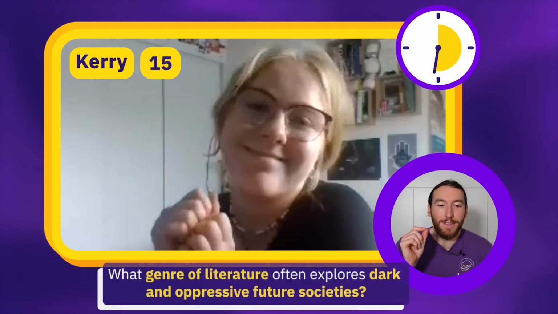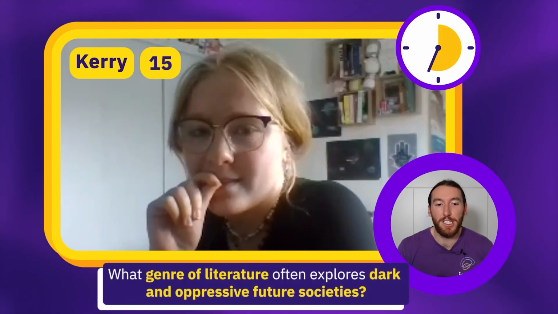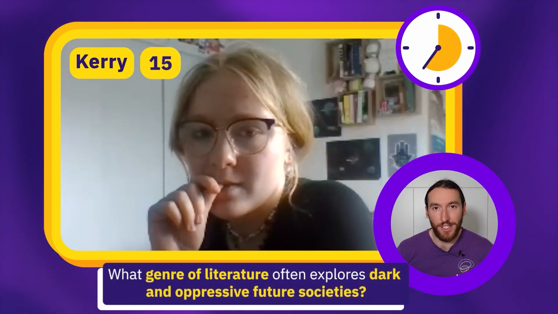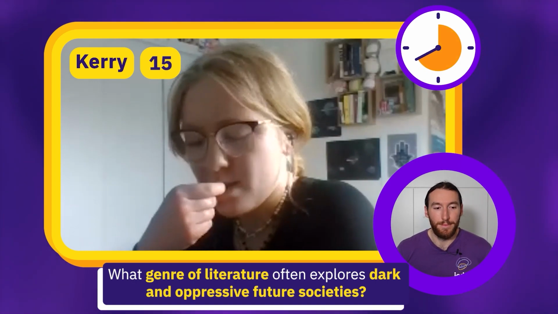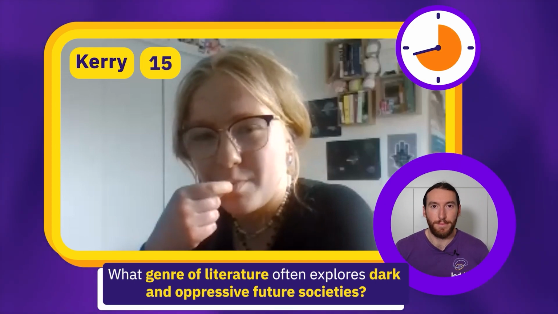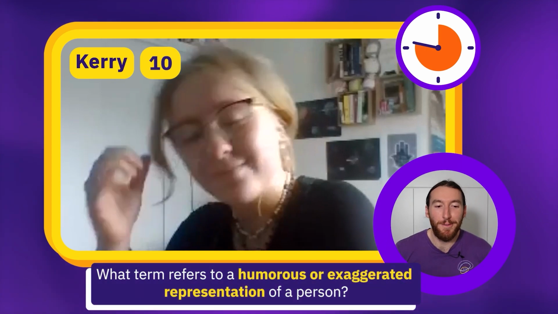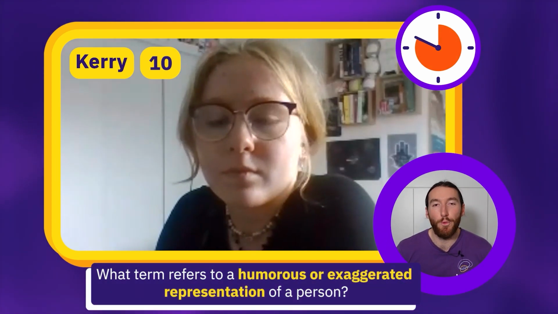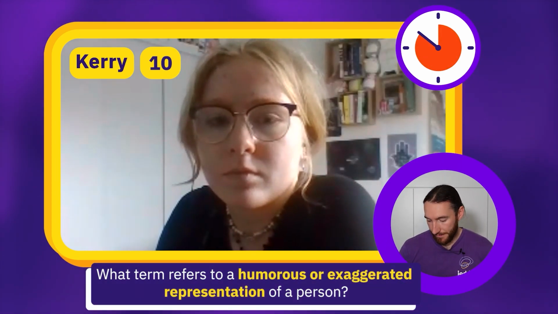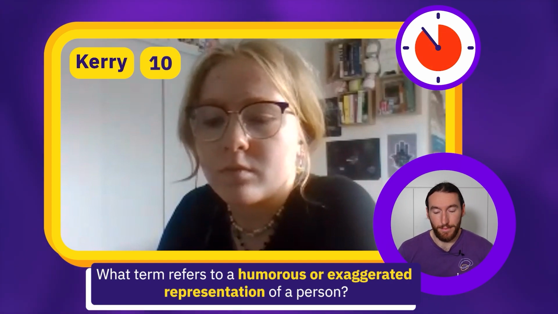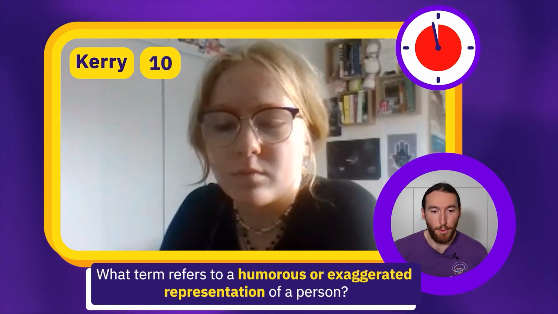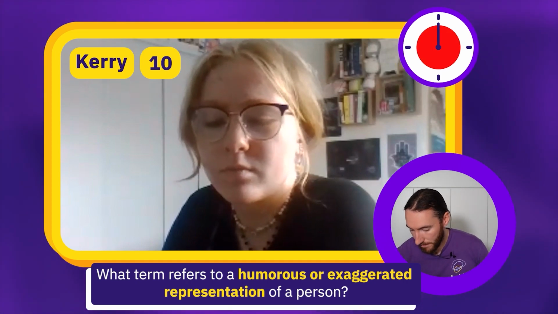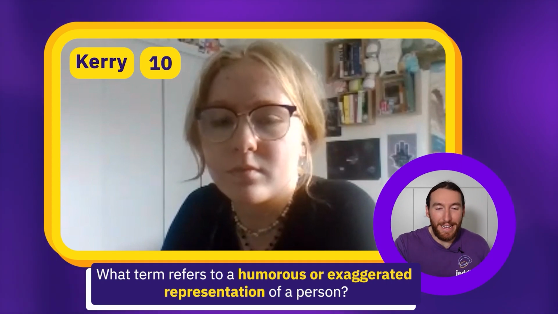What genre of literature often explores dark and oppressive future societies? It's probably romanticism? Dystopian. What term refers to a humorous or exaggerated representation of a person? An exaggerated representation of a person. That's time up. We were looking for caricature.